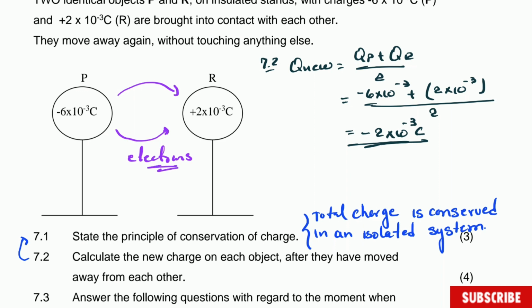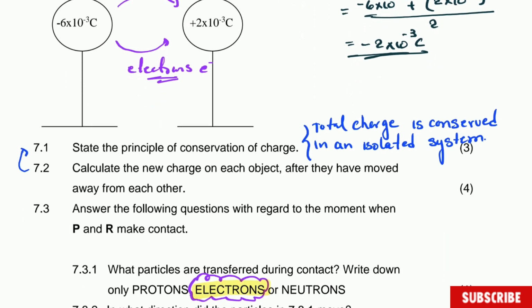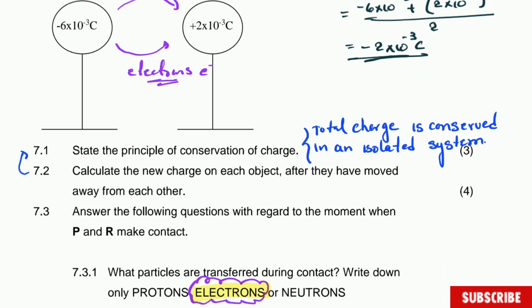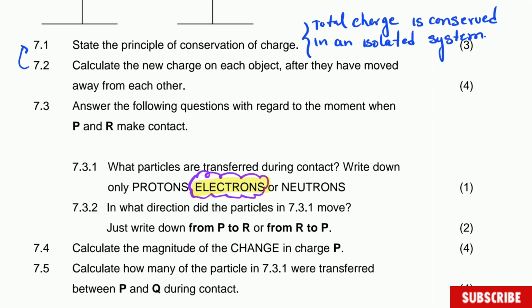You must know that they move from the more negative, in this case negative 6, to the more positive, which is positive 2. All right, so it's going to be from P to R. From P to R, that is the answer for that question.